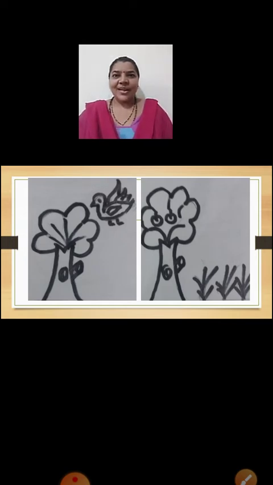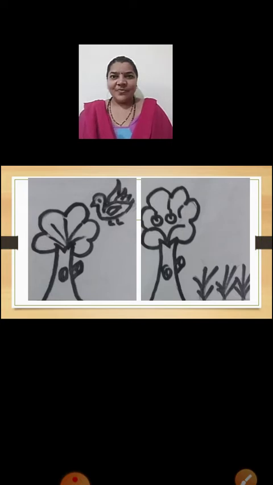Now look at the picture which is to your left hand side and tell me what are the things you all can see in this picture. Yes, you can see a tree. What else, children? Yes, a bird.